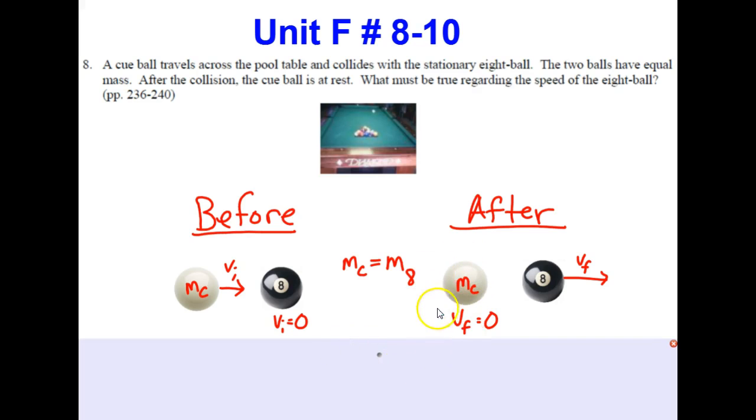After collision, we're told that the cue ball is at rest, so we have our mass of cue ball labeled with a final velocity of 0, and our 8 ball travels off with velocity we'll label VF. We're also told in the beginning of the problem that the mass of the cue ball is equal to the mass of the 8 ball. The two balls have equal mass.